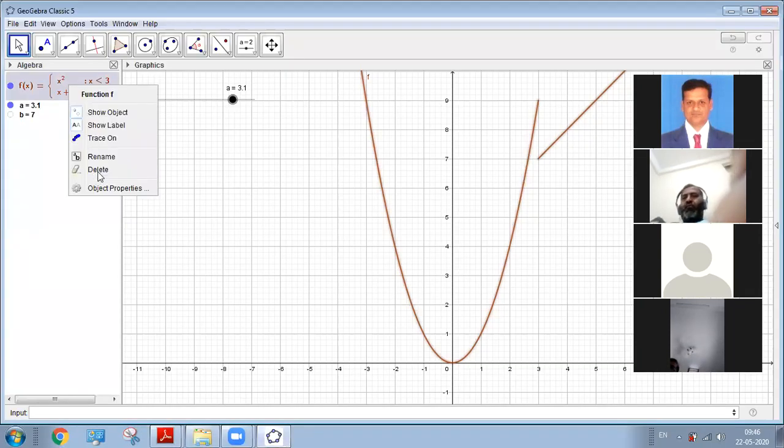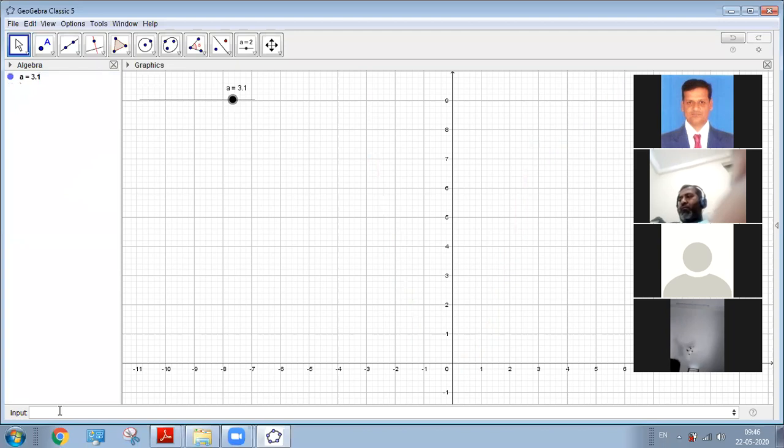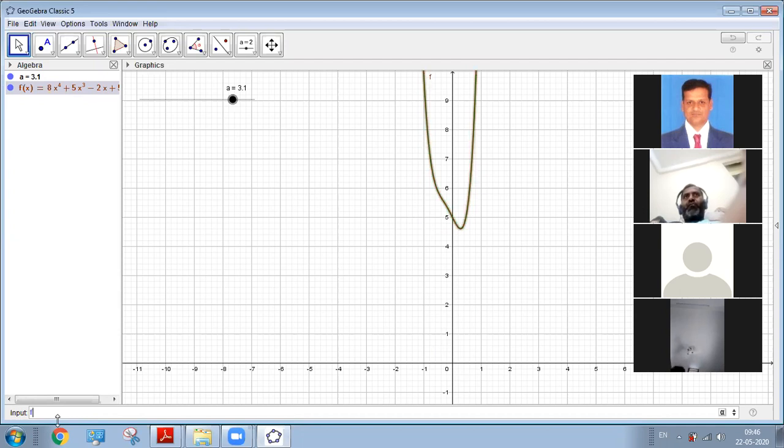I will show you. For example, f of x equal to 8x power 4 plus 5x cubed minus 2x plus 5. I have given the function here. Now f dash of x.